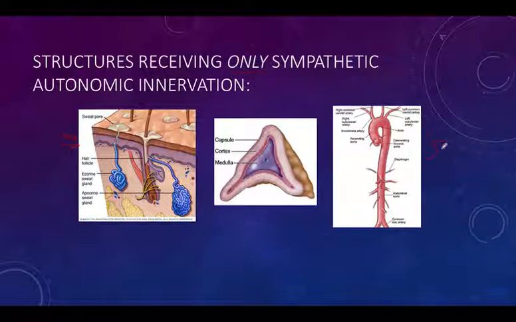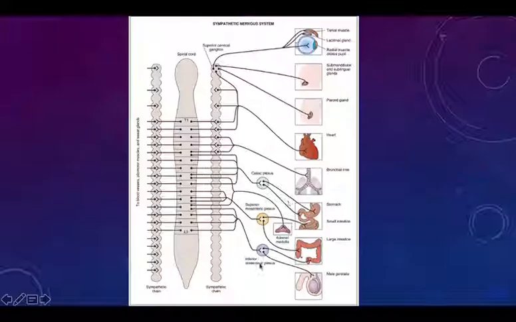That's, like I talked about earlier, called the sympathetic tone on our blood vessels. And something I wasn't sure about that I read was kidney as well, that the kidney receives only sympathetic autonomic innervation. I have to look that up, but I'm pretty sure that's right.